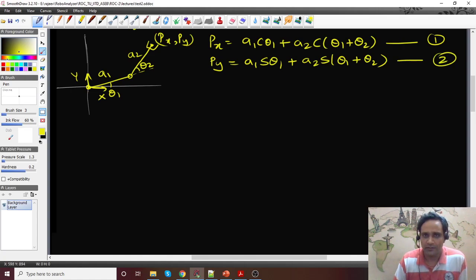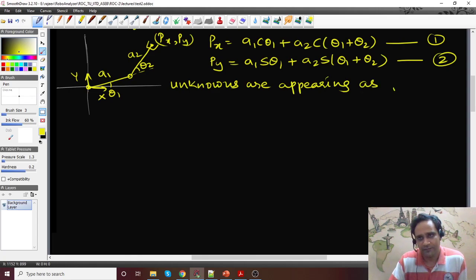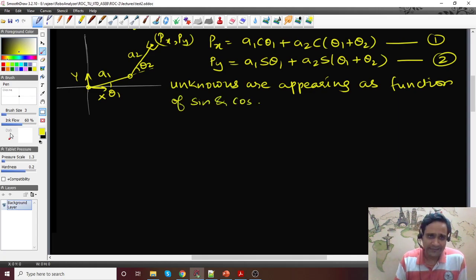Now the unknowns are appearing as function of sine and cos. Okay, so technically you have two equations, first equation, second equation, and there are two unknowns, theta 1 and theta 2.